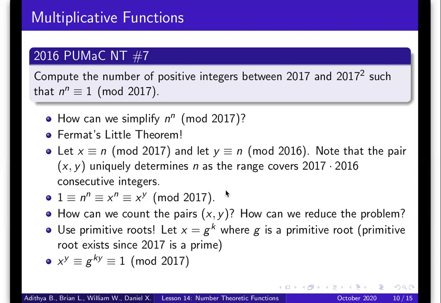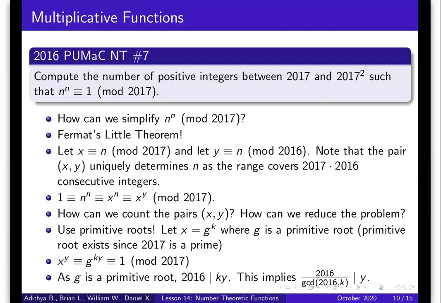So if we plug this in, we get g to the ky is 1 mod 2017. But since the order of g is 2016, that means that 2016 has to divide ky. And if we remove the common factor between k and 2016, that means that 2016 over the GCD of 2016 and k has to divide y.